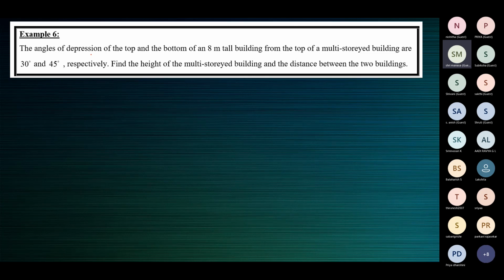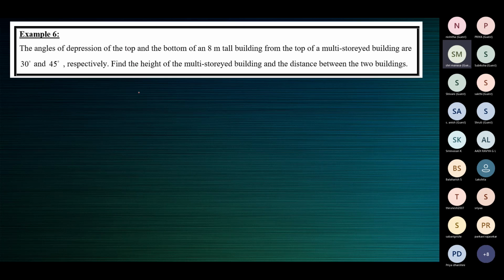That means the observer is at a higher level, looking at two different things, and both are at a lower level. So you're standing on the taller structure. The angle of depression is measured when the object is at a lower level and the observer is at a higher level.